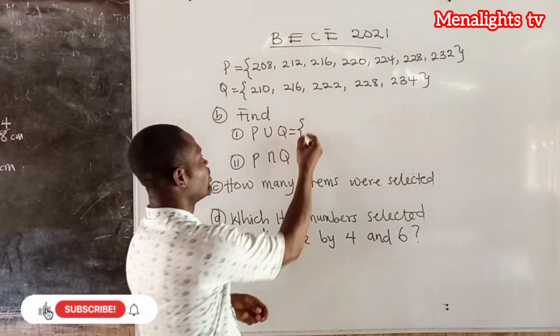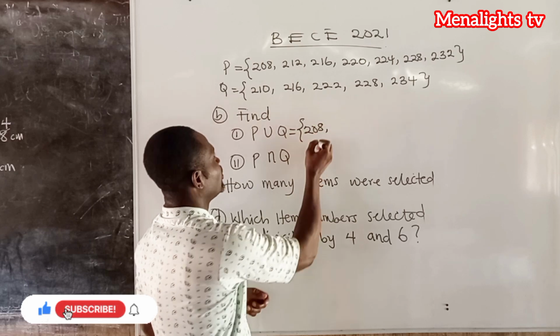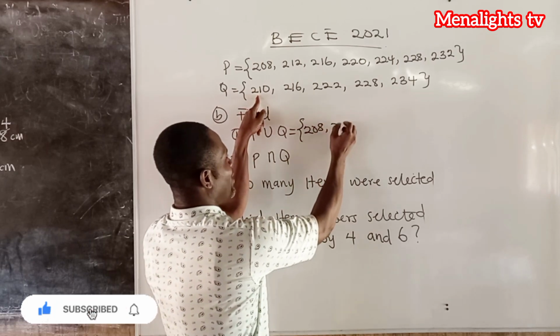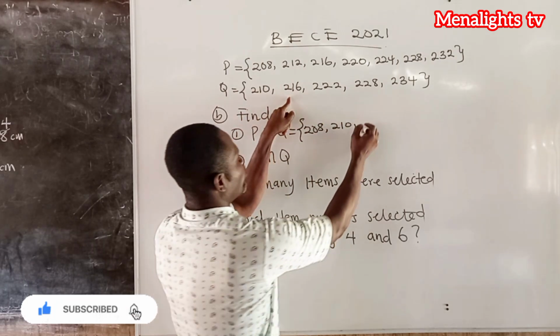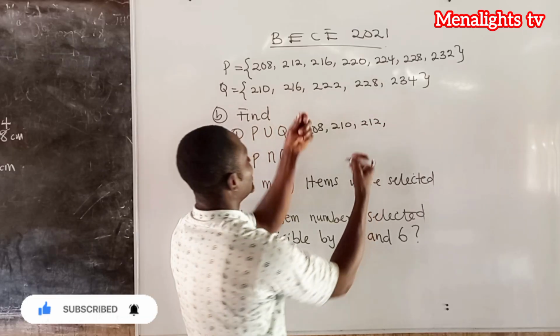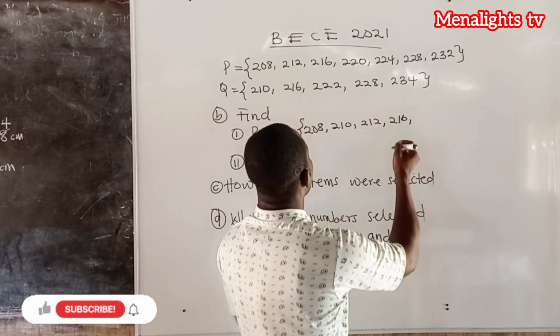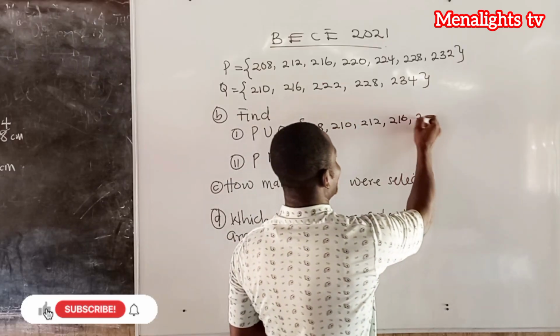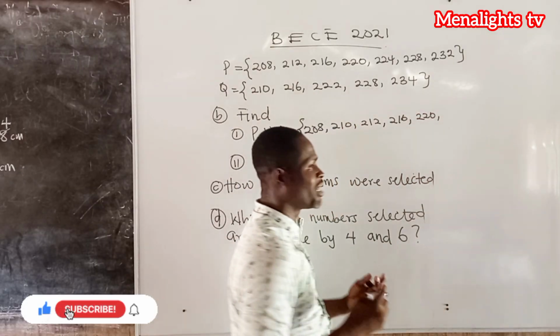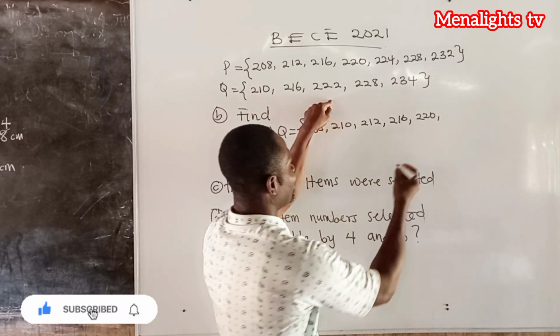So the least one here is 208, followed by 210, followed by 212. Then after 212, we have 216. From 216, we go to 220. After 220, we have 222.